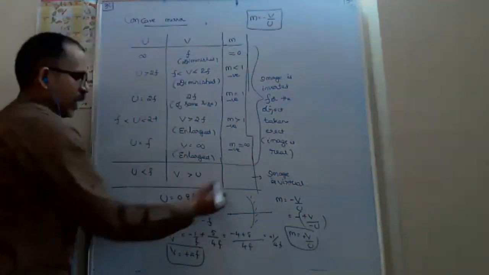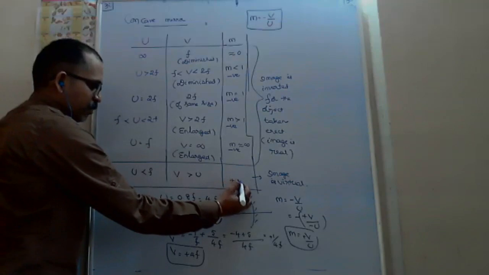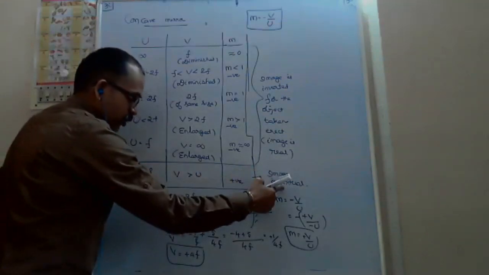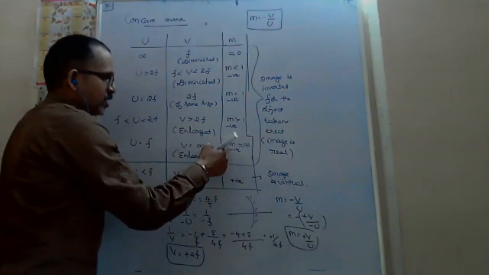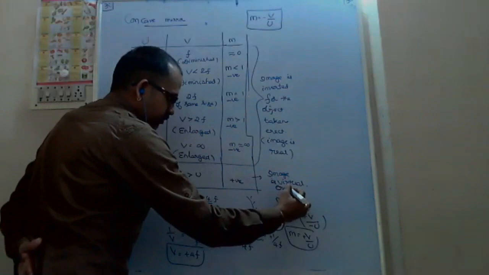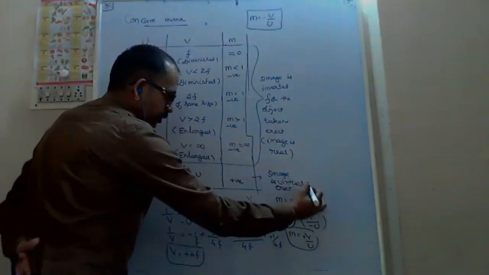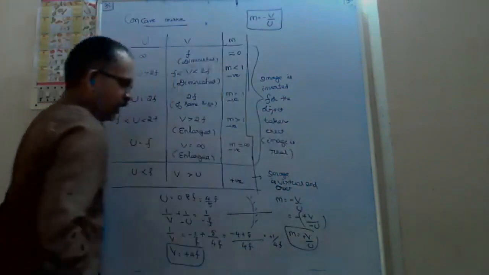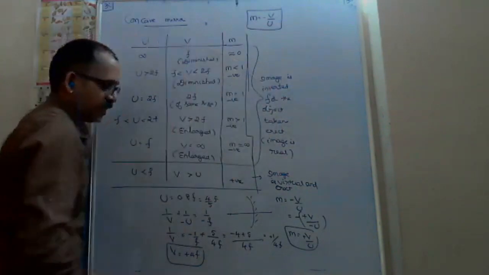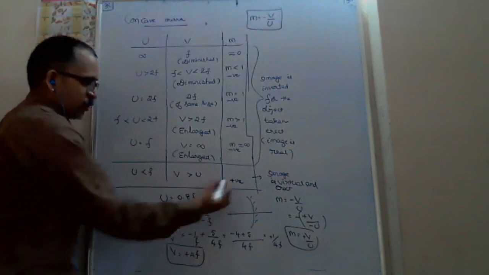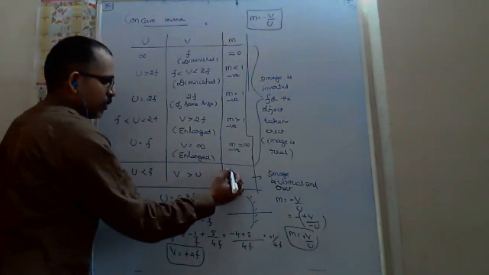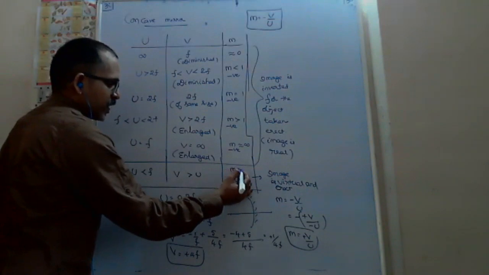Plus v by u means I am getting the magnification this time positive. Positive means the image is virtual and erect. Negative means the image is inverted here. Okay. So positive, and here v is greater than u. That's why the magnification is greater than 1.